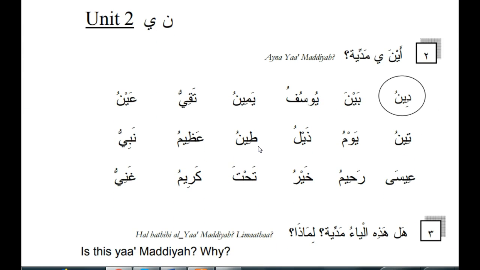Here identify ya maddiya. Be careful, don't confuse it with ya as a consonant. Look for all its symbols. Remember, it is always preceded by kasra, never fatha, never dhamma, and never carries something on top of it. In some books you can find that it has a sukun, but it shouldn't.